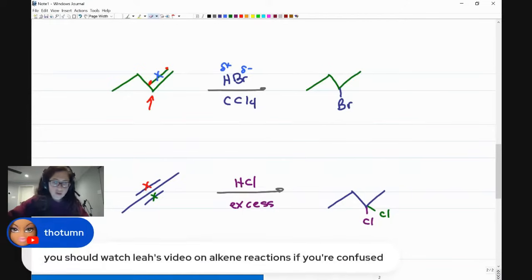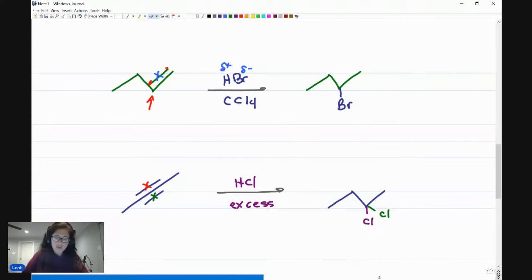I saw a question here. Whoops, I missed the question. I think it was asking for the stereochemistry. I was about to click it and the chat just scrolled on me. The first molecule that we did, this right here is a chiral carbon. And so we would have stereochemistry in the product.